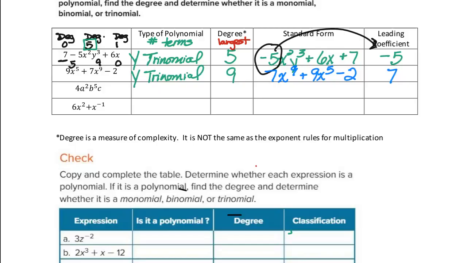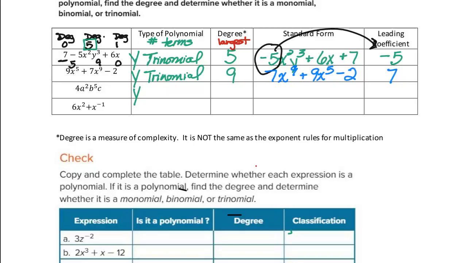Is that a polynomial? Brian, what do you think? Yes or no? You got a 50-50. Yes, it is. What kind of polynomial? How many terms, Dwayne?